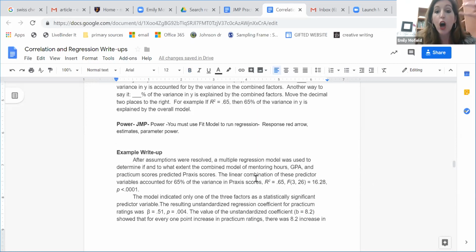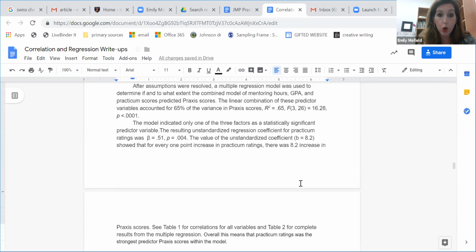We had a linear combination of several variables, and I have that R-squared value there. This is the F value from the analysis of variance table. And this is usually, I think, the number of predictor variables minus 1. This has to do with the number of people you have. And so you only report what your statistically significant ones were.